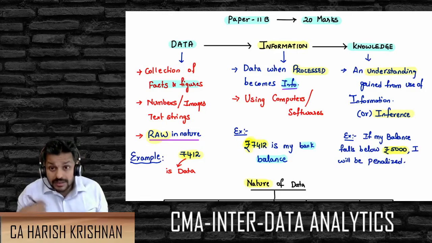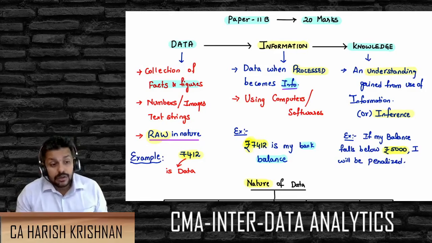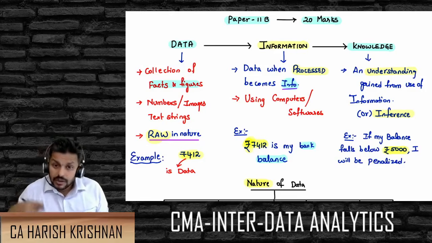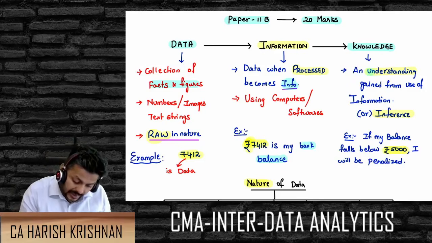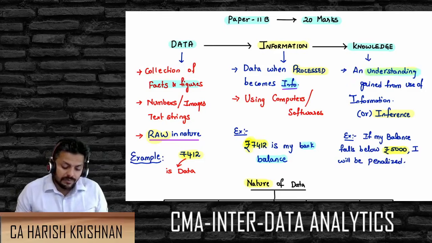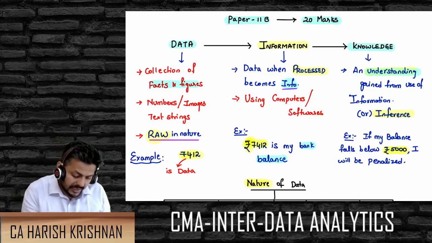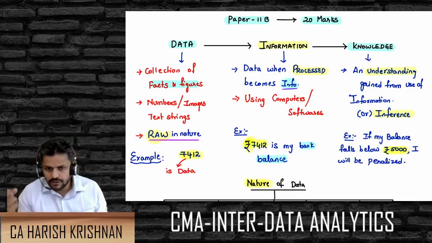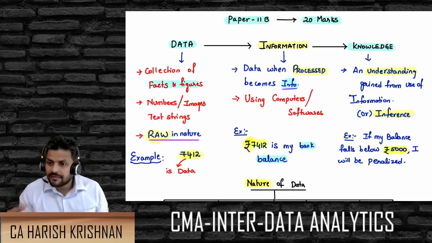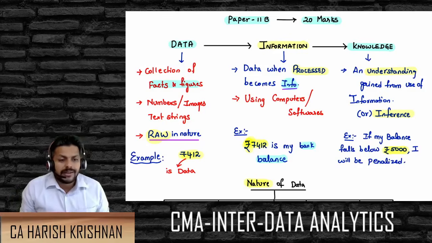But if you go one step beyond that, using that information to gain something out of it, where you can make an understanding or an inference, an understanding gained from the use of information, and also any inference, an understanding that you make out of it, both are called knowledge. So for somebody who doesn't find that linkage, it won't be called knowledge, because for them it doesn't make sense.